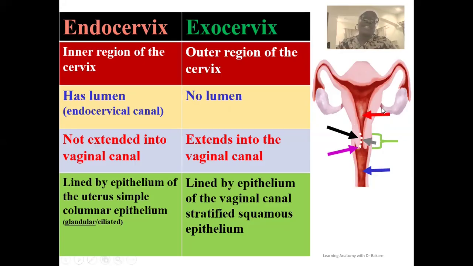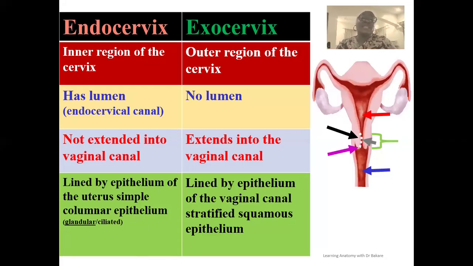Remember, this upper region is where we have the body of the uterus, and the epithelium that lines the interior wall is also continuous with the mucosal lining of the endocervix. So this is why it is also lined by a simple columnar type of epithelium.